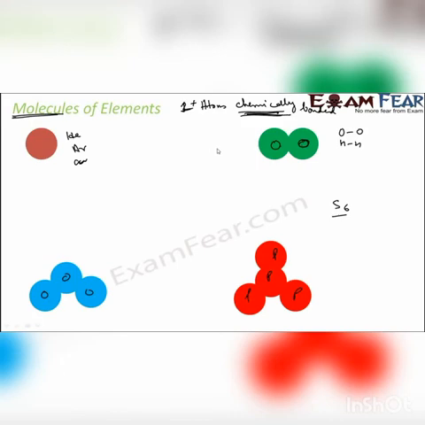And we know that most atoms can't exist independently, because an oxygen atom alone is not stable. Why it is not stable, we'll study in the next class when we talk about atoms in detail, or maybe in higher classes. So most atoms don't exist independently, but exist in the form of molecules.